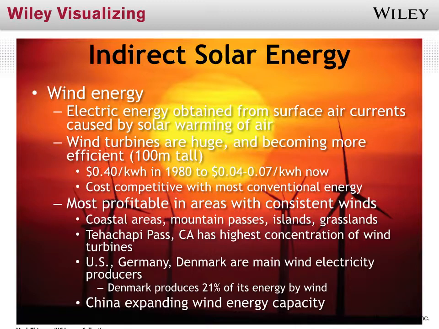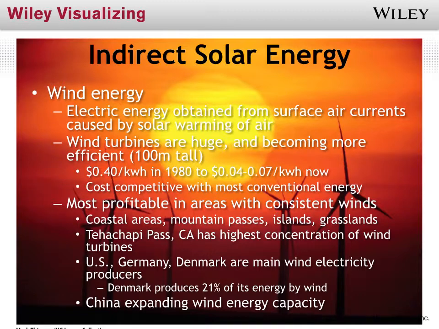We're talking about huge wind turbines in excess of 200 feet tall. Each of the blades of the windmills, like we see in the background here, is around 100 feet, roughly 30 meters. Just huge windmills that are even more efficient than they used to be.